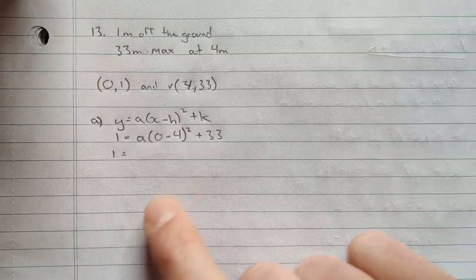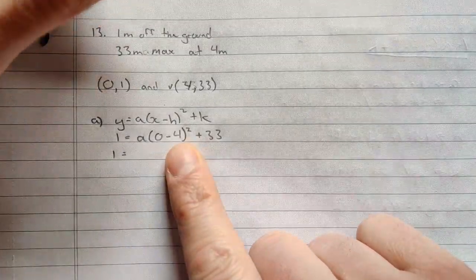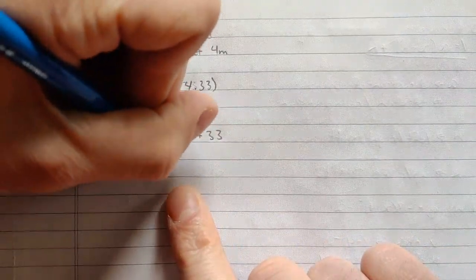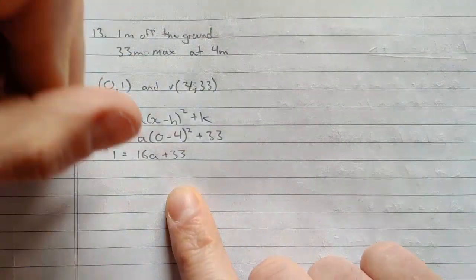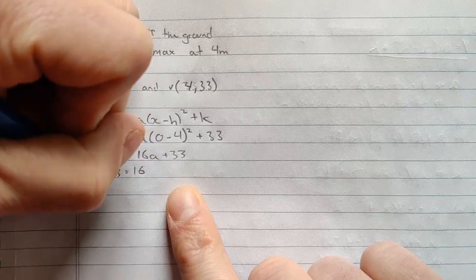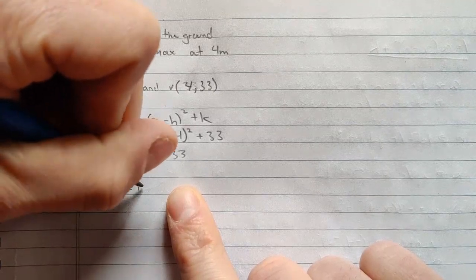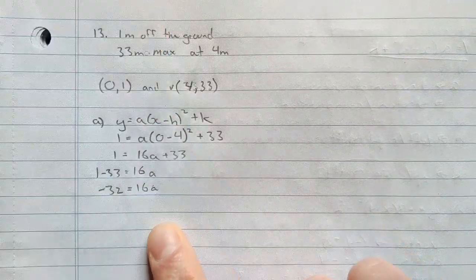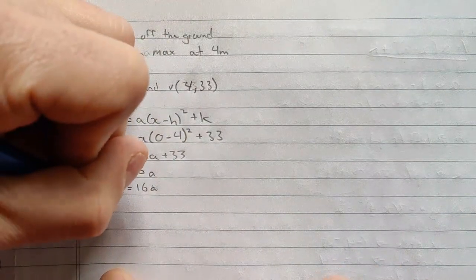Negative 4 squared is going to give us 16, so 16a plus 33. Subtract 33 from both sides, and then divide both sides by 16.